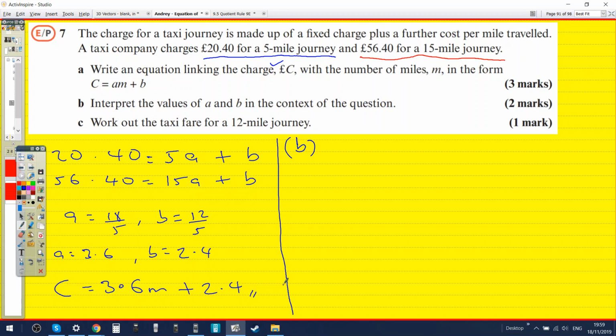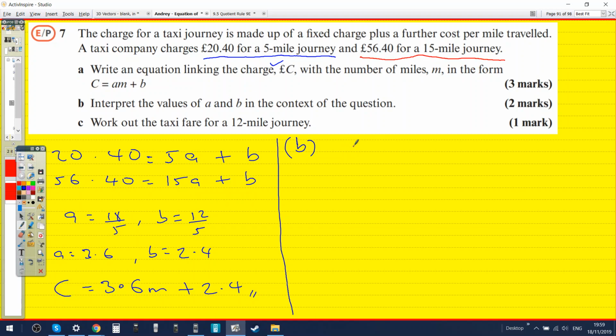B. Okay, interpret the values of A and B in the context of the question. So A. So is B the further cost per mile? Yeah, and what does that cost? £20.40.